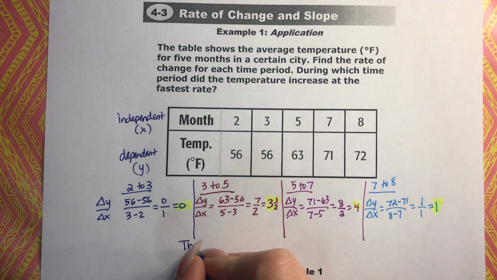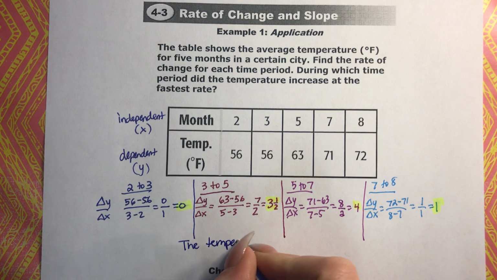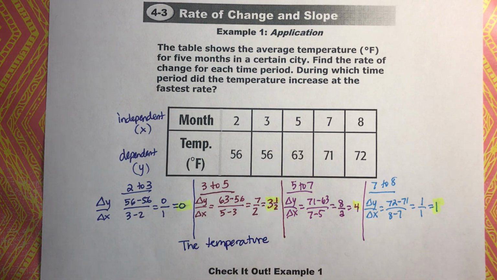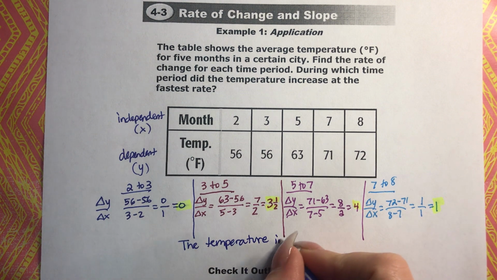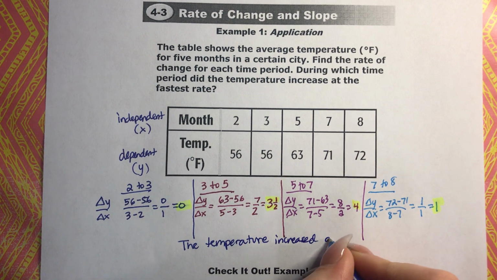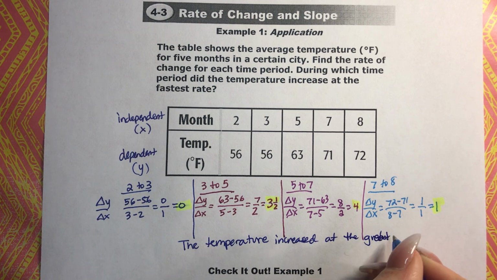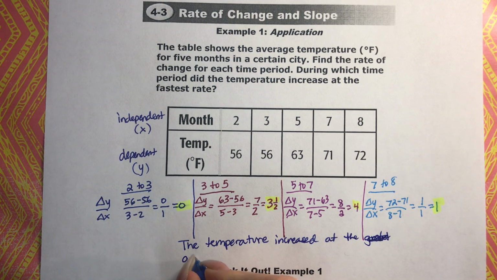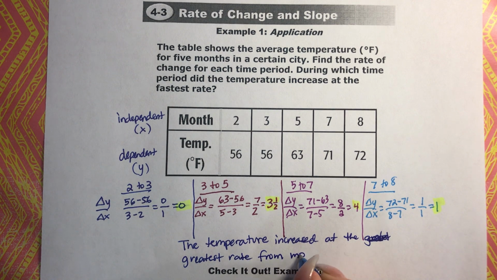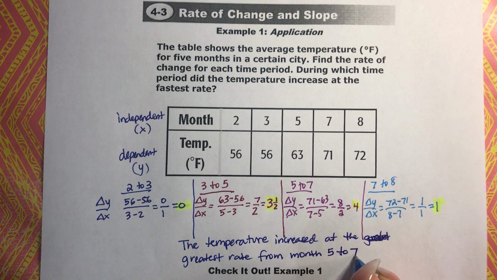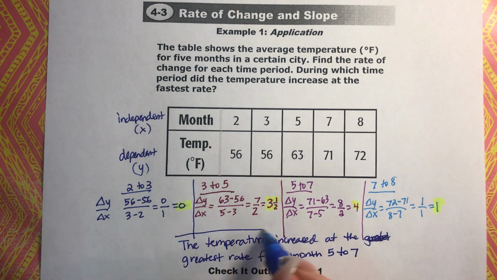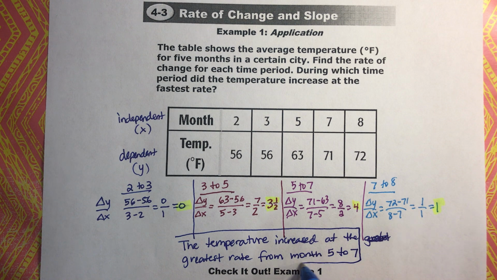We would say the temperature increased at the greatest rate from month 5 to 7. All right, and there is our answer.